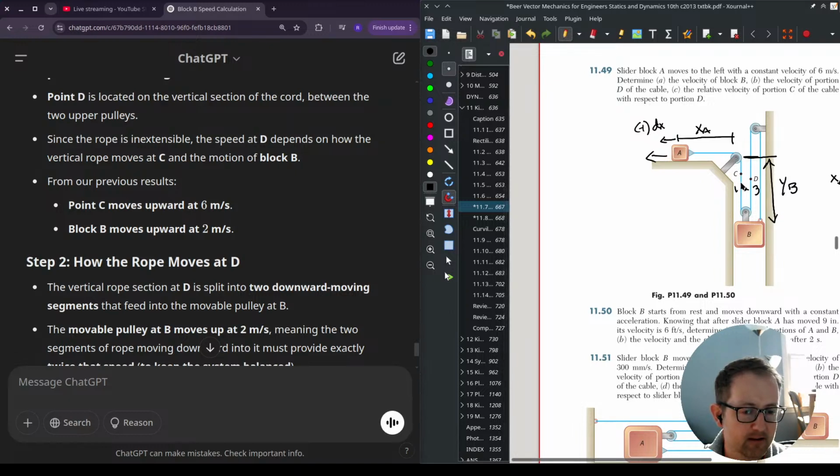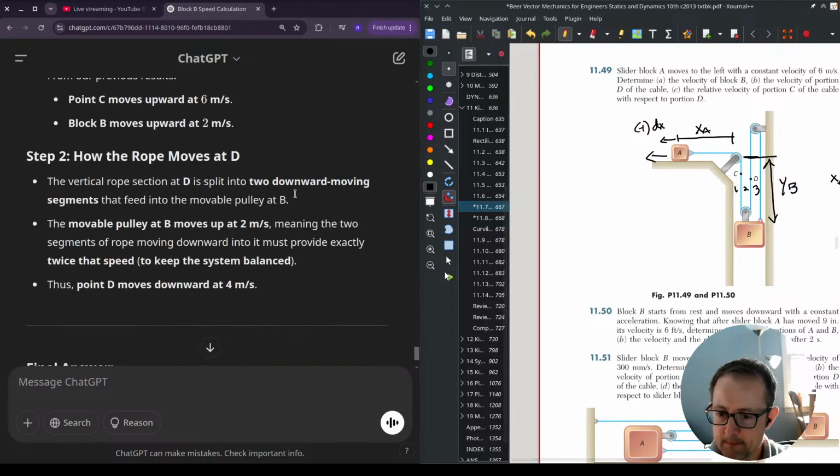Because I would think it's just based on the chord motion, right? 2 downward segments. Yeah. A movable pulley at B. Yep. Twice the speed. Is that true?